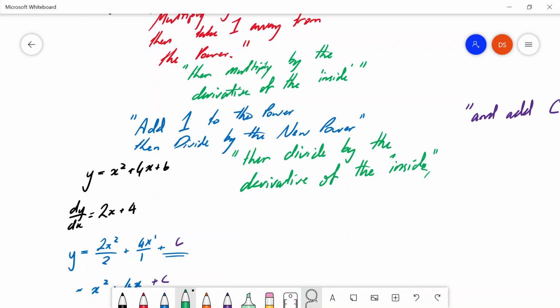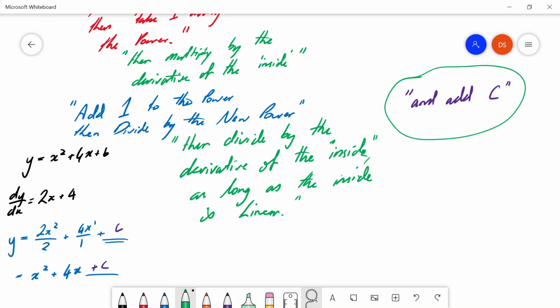As long as the inside is linear, that's really important to us in level 3. We need to make sure the inside is linear. And then of course you can bring the plus c back again, and that will make everything wonderful.